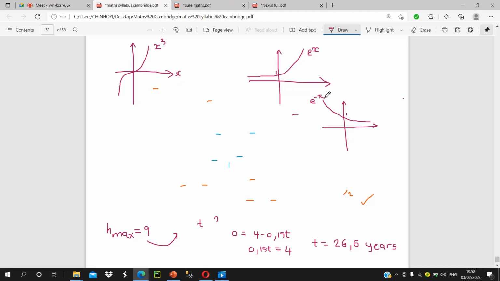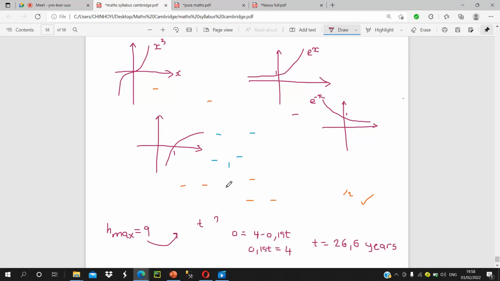Then for ln x, it's correct. It also cuts at 1. The graph for ln x is also correct. Like this shape, it's okay. It cuts at 1 here.